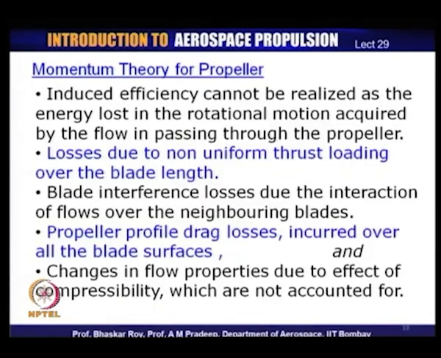If we look at some of the issues that we have discussed, the induced efficiency which we talked about reaches a maximum, but it cannot be realized, as the energy lost in the rotational motion, which is possible through the actuator disc in passing through the propeller, is not available for thrust creation.